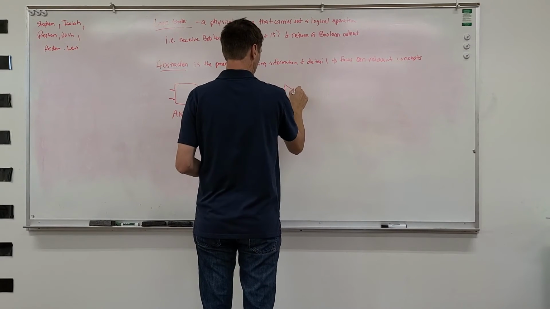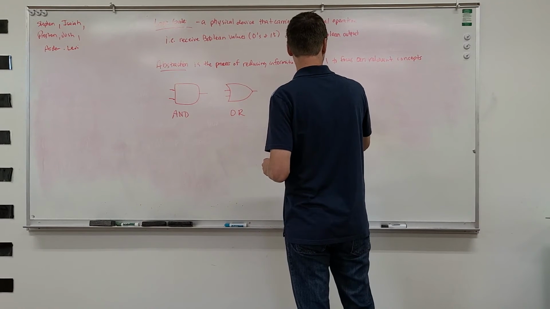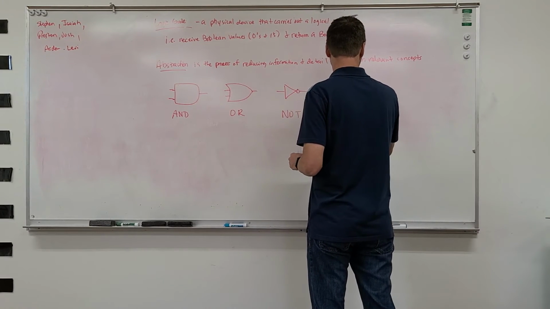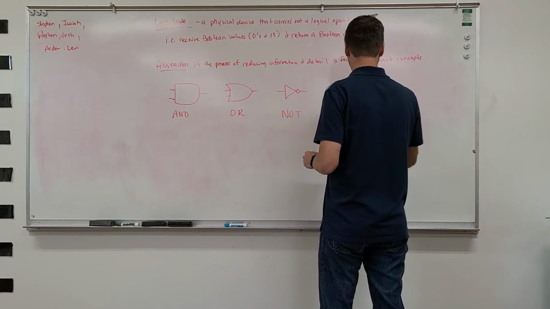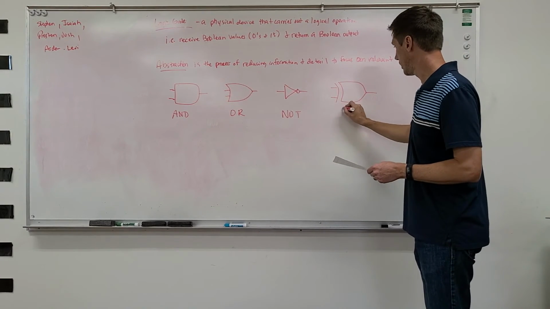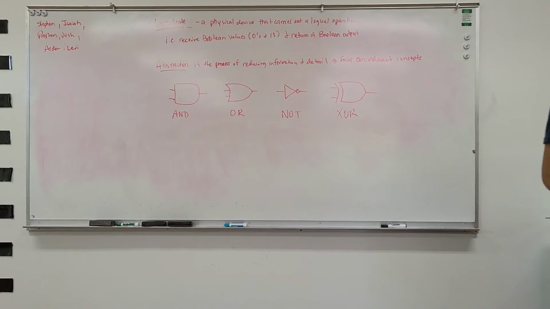The NOT looks like this. And then the XOR looks like an OR, but it's got an extra line on the back of it. So we're just going to consider 4 logic gates that do exactly the operations that we just talked about with our Boolean logic operators, and we'll use those symbols.